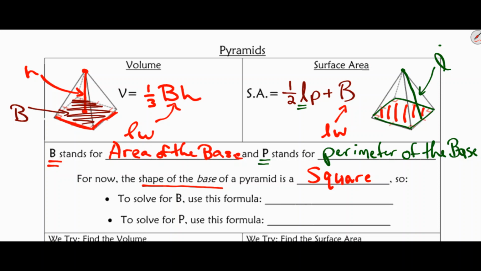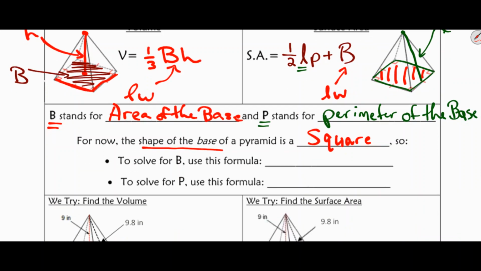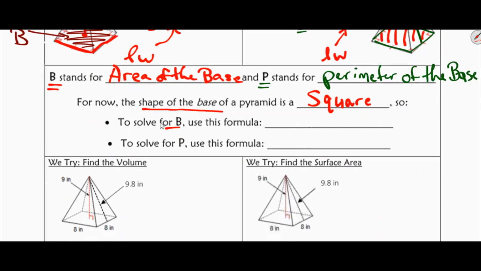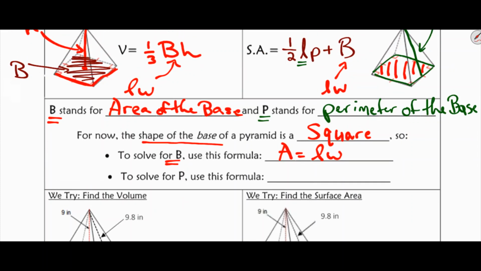Or you can do S squared. Solving for that B means we're finding the area, which is length times width. When I say length times width, I really just mean the two sides of that square.